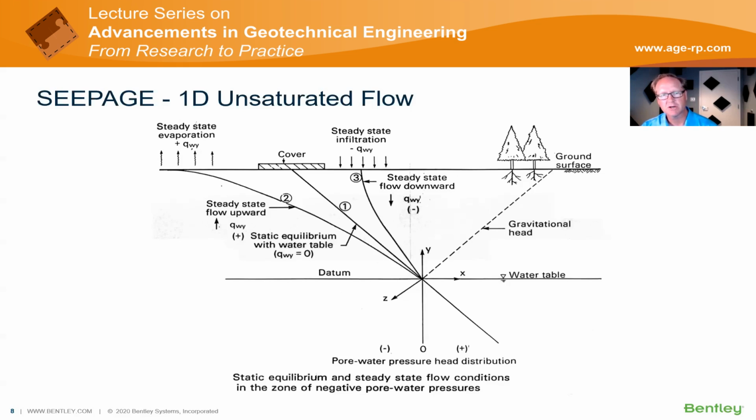And if it rains long enough, you will saturate the whole area and your groundwater table will move up to the surface. But most of the time that does not happen, because the rain stops, and then you enter into a period of evaporation, and it pulls the suctions out to the left, and it pulls the hydrostatic line to the left, and flow is generally up.